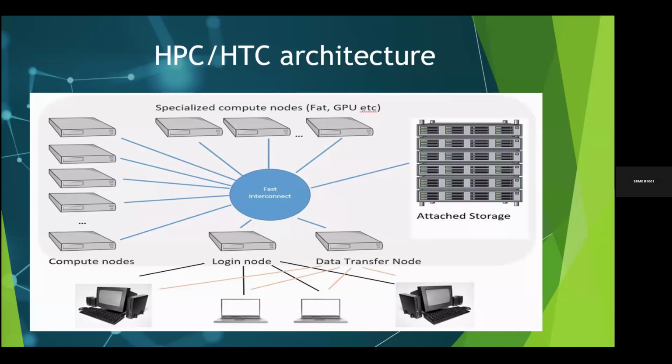It's all incredibly fast interconnected. That's for quick I/O, as well as for HPC, which is parallel computing. Multiple nodes are involved in a single simulation, and these nodes have to communicate with each other incredibly fast.